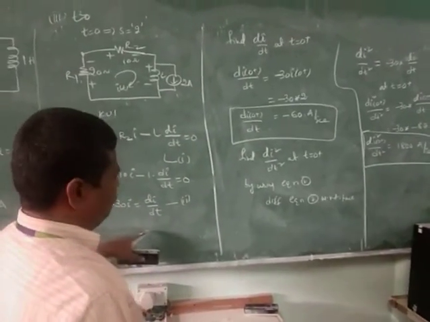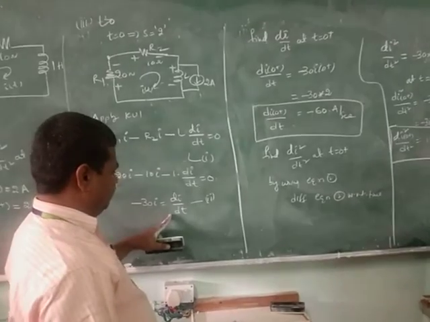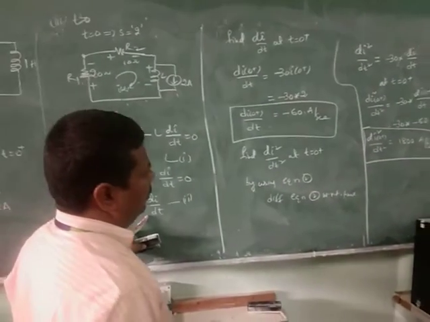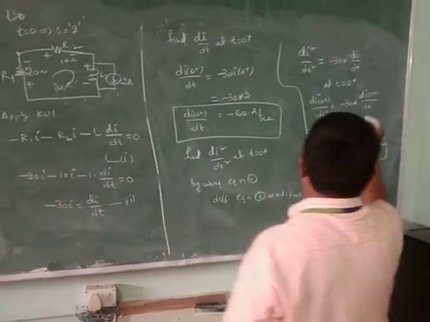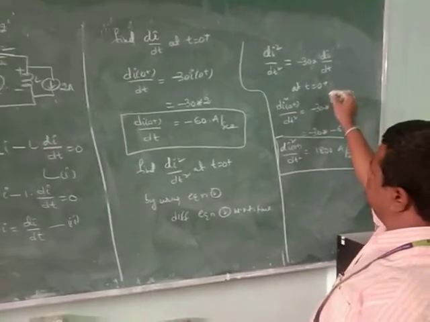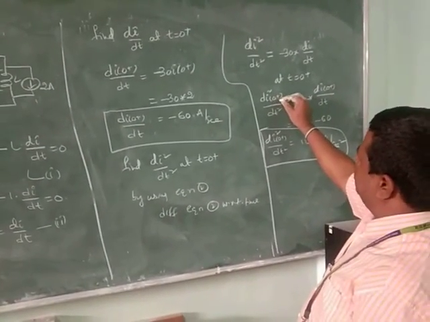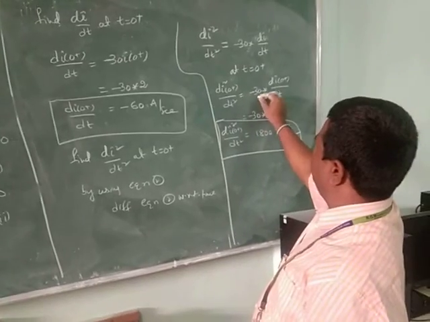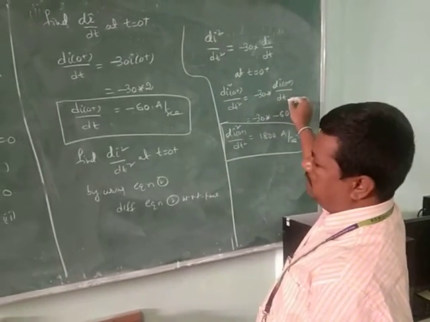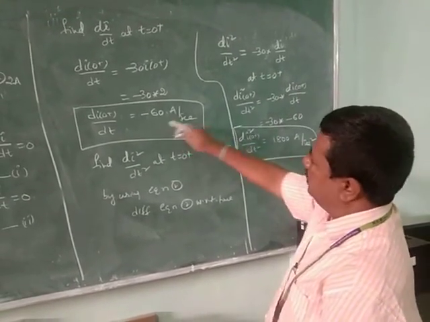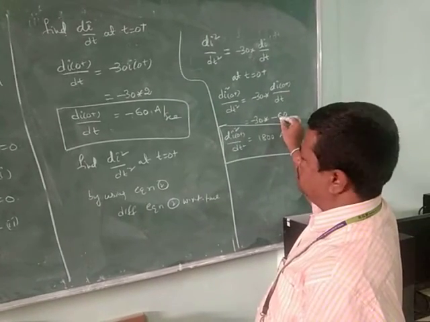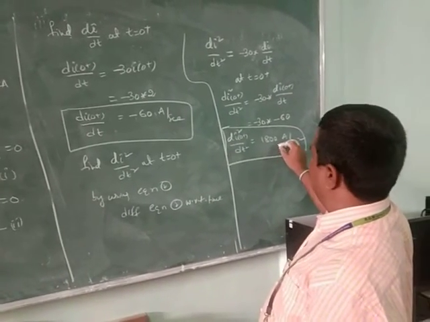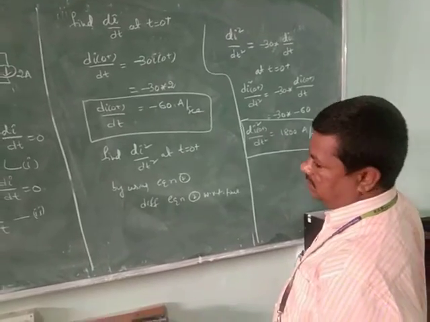To find d square i by dt square, again differentiate equation 2 with respect to time, then substitute t is equal to 0 plus. So d square i of 0 plus by dt square is equal to minus 30 into di of 0 plus by dt. Already we calculated di of 0 plus by dt as minus 60, and finally 1800 amperes per second square.